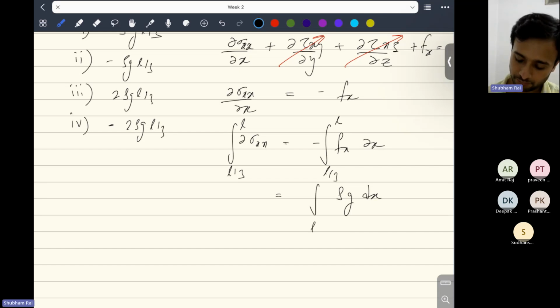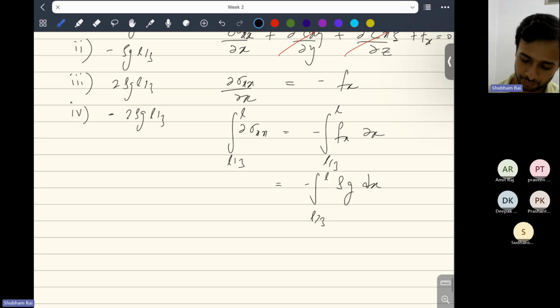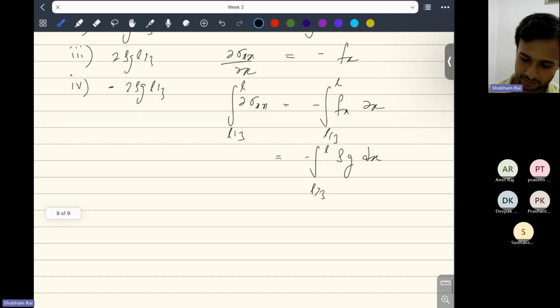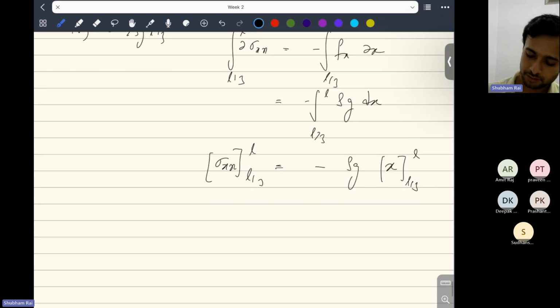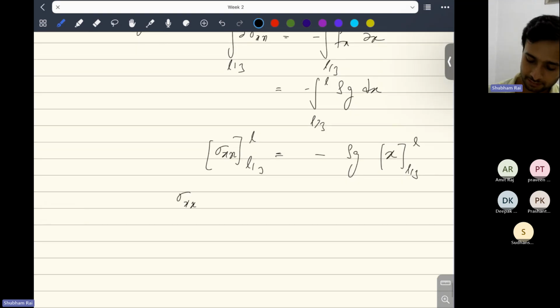If we integrate this from L by 3 to L, we will obtain the stresses. So the integration of del sigma will be sigma xx, going from L by 3 to L, and minus rho g dx will be minus rho g x, going from L by 3 to L. So this will be sigma xx at L minus sigma xx at L by 3, and that will be minus rho g times L minus L by 3, right?